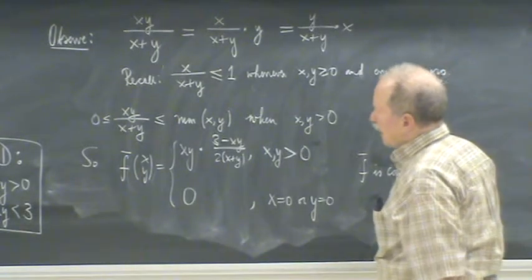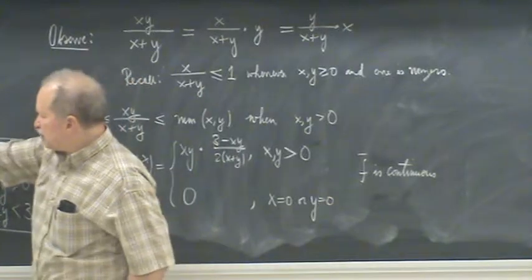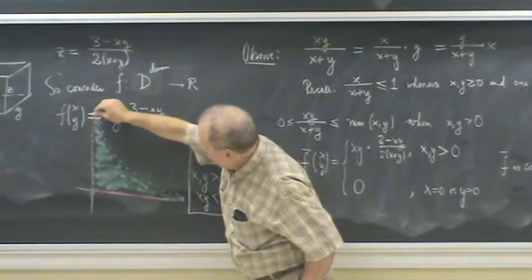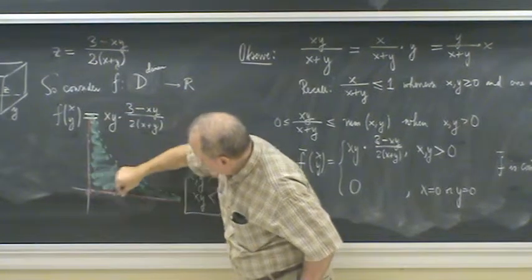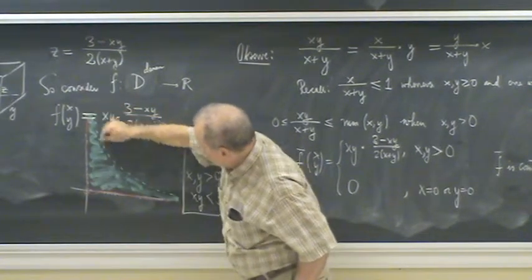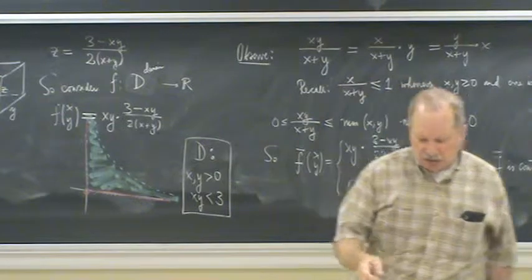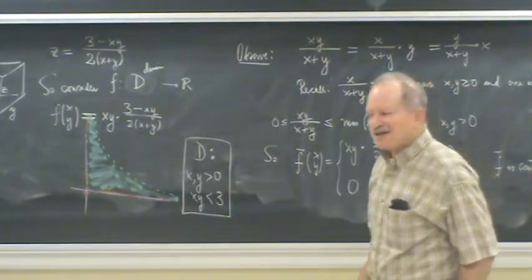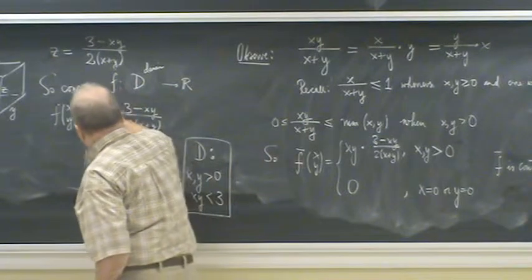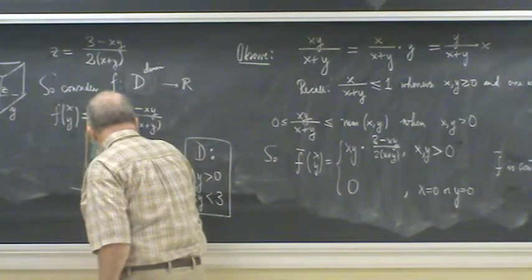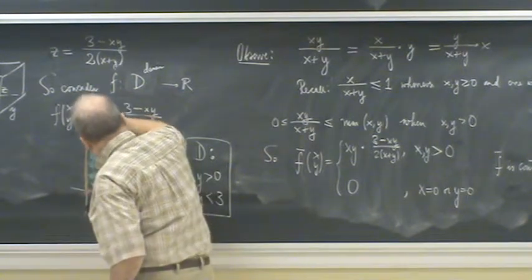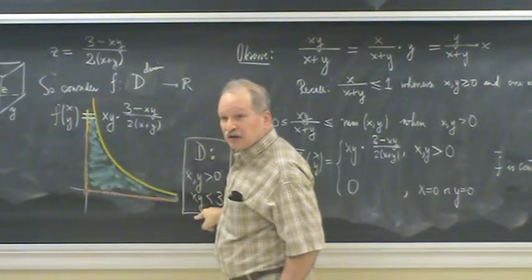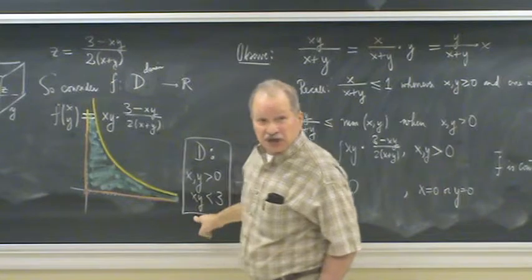So we still have problems though, even if we're closing things up. And we could close it up here and say when x is 0, or when y is 0, or when xy is 3, what's the value going to be? 0. But it still makes perfectly good sense. So we could actually consider it on this closed set that includes the frontier, and it would still be a continuous function.